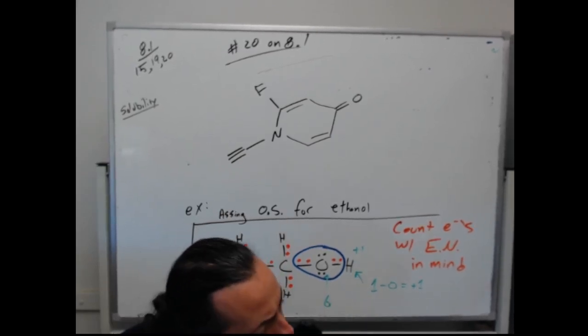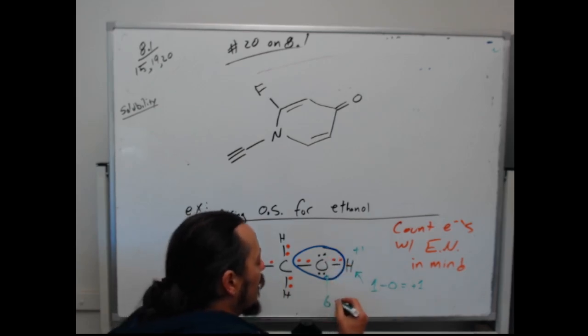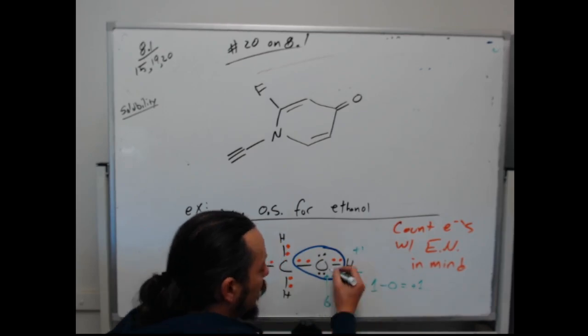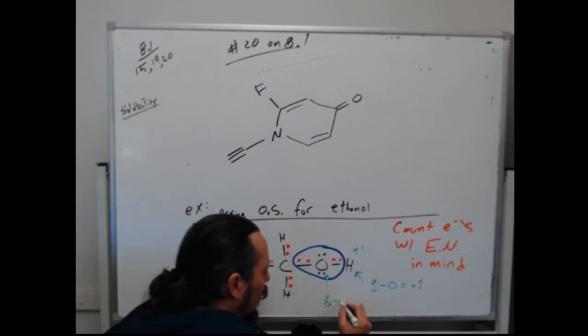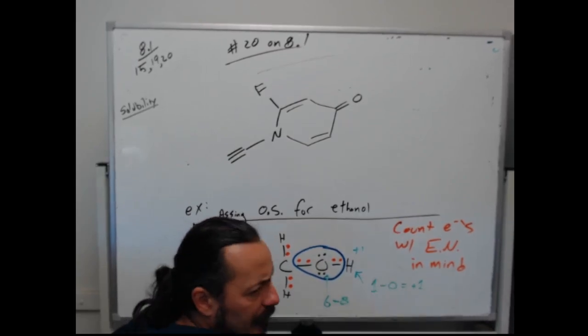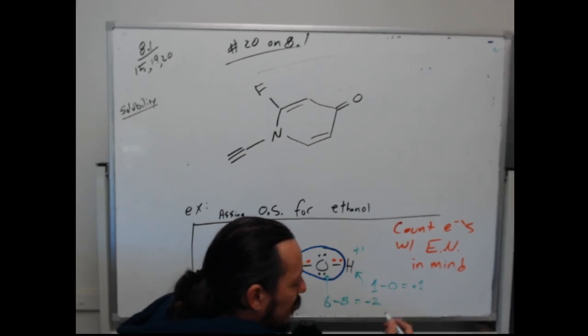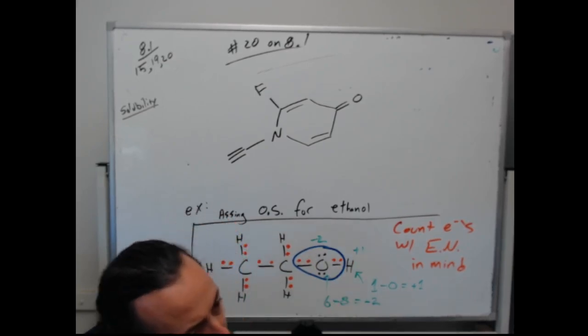We were supposed to do this when we were doing valence electron configurations and Lewis structures. It's kind of like formal charge, but with electronegativity in mind. It started with 6 valence electrons, ends up with 2, 4, 6, 8 electrons. I subtract the 8 that it ended up with because the electrons are negative, and that gets us an overall -2. So oxygen has an oxidation state of -2.